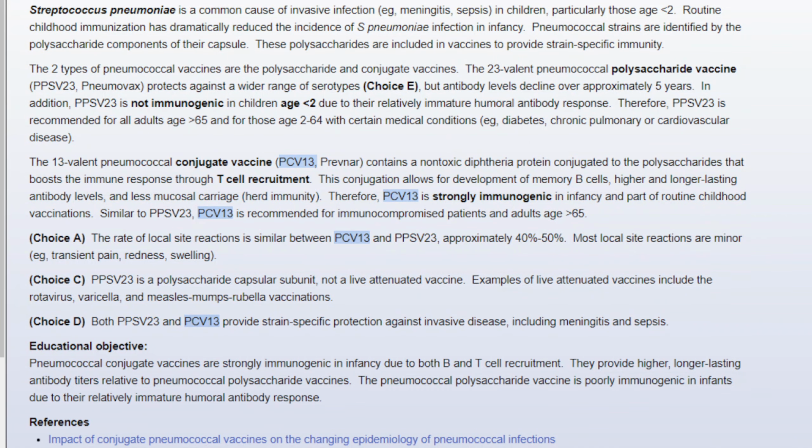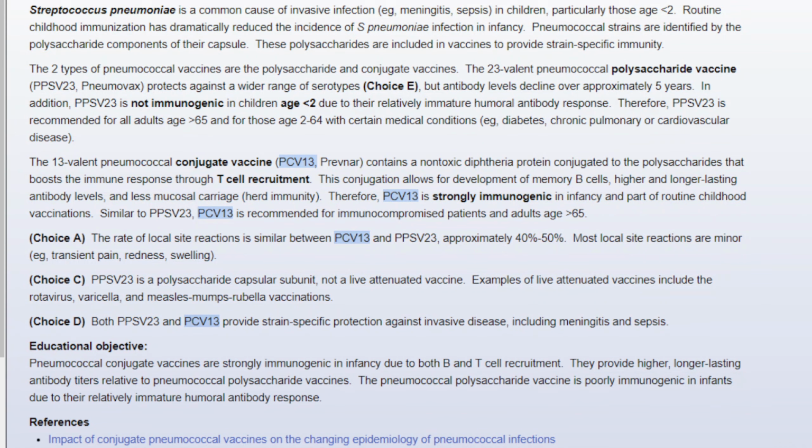The educational objective is that pneumococcal conjugated vaccines are strongly immunogenic in infancy due to both B and T cell recruitment. They provide higher, long-lasting antibody titers relative to pneumococcal polysaccharide vaccines. The pneumococcal polysaccharide vaccine is poorly immunogenic in infants due to their relatively immature humoral antibody response.